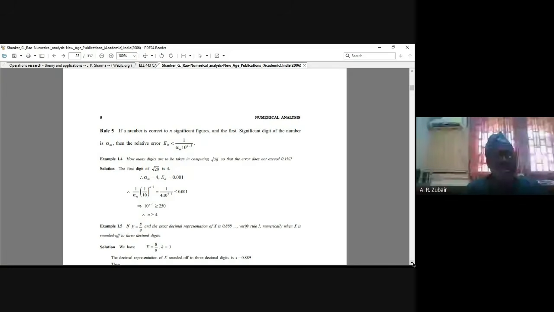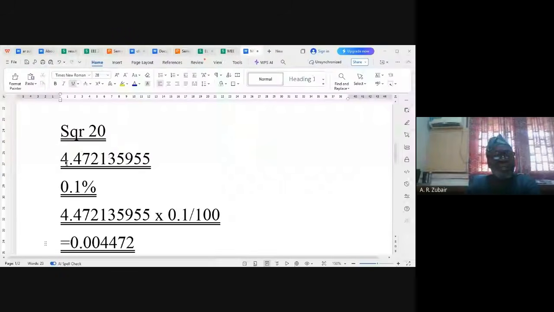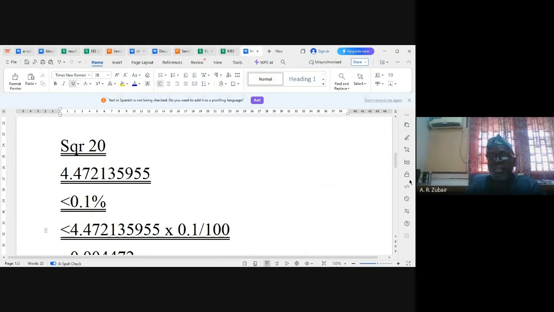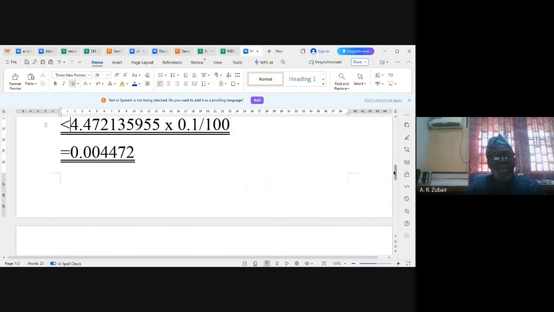The square root of 20, we said, is 4.47213595. We're looking for an error that will be less than 0.1%, which means our error must be less than 4.47 times 0.1 divided by 100.